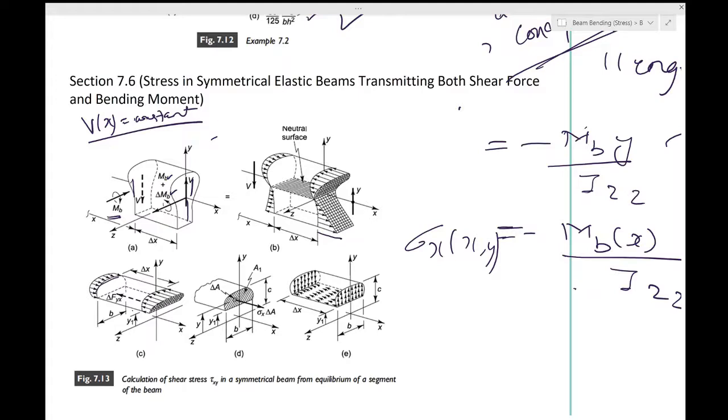Now you express this equilibrium requirement in quantitative form. So sigma Fx will be equal to the integral of sigma x dA over A1. This is the area I'm talking about. Then you have a minus delta Fyx.